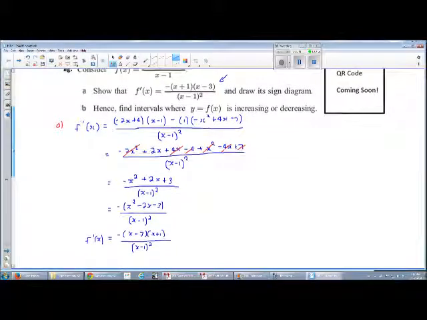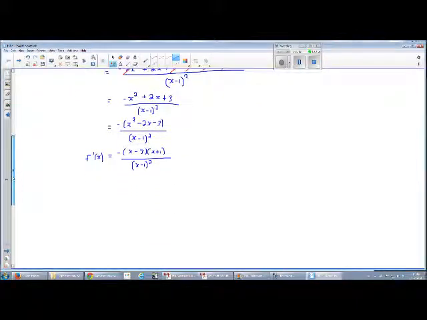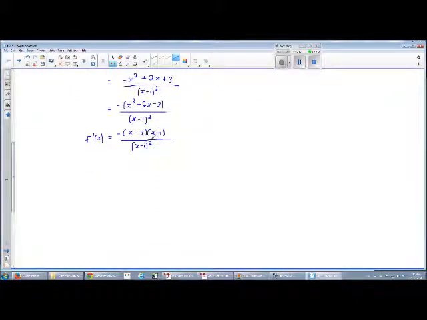Okay, so we've got the derivative function. We're supposed to draw a sign diagram. And we need to take into account all the different areas of this function where there are horizontal tangents and vertical asymptotes.